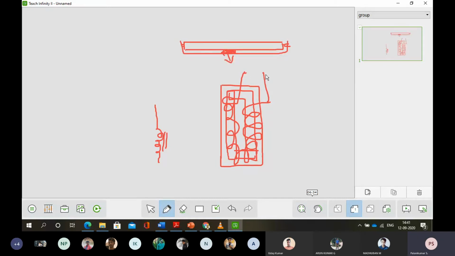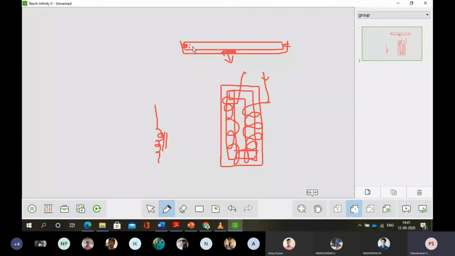Whenever I give current flowing through this, initially, because of self-inductance and mutual inductance, an enormous amount of high voltage will be produced. That voltage will be applied to the tube light. Because of that, the gas inside the tube will get ionized. Some electrons are already there because the filament is already heated.